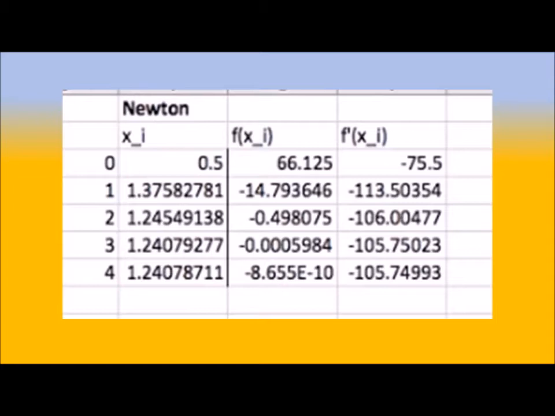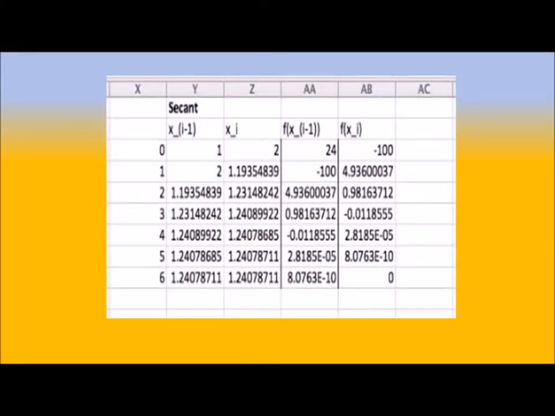Yes, so in the Newton method, here we are getting the answer after only 4 iterations. So it is mostly the same in this case. Let's see further for another method. It's the secant method.